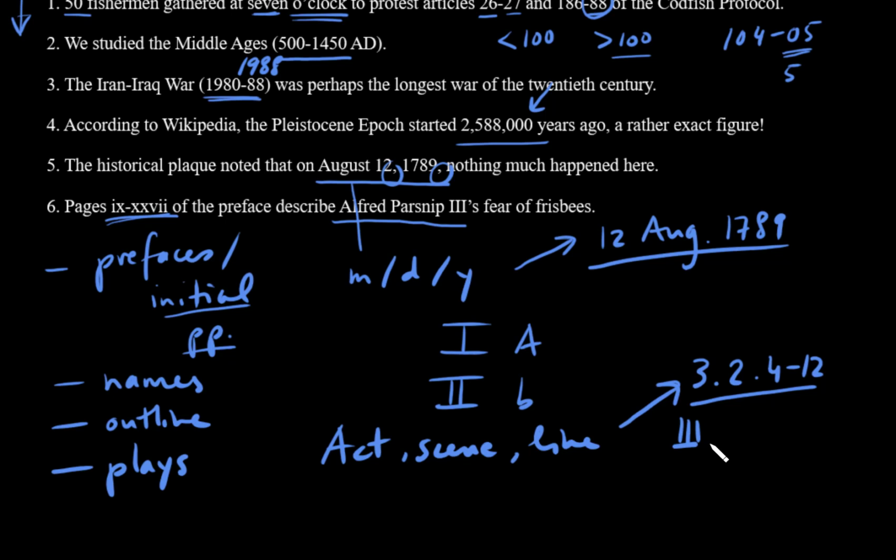So it used to be 3, 2, and then you would have, sometimes in lower form, 4 through 12. And you can see that's kind of cumbersome, so we don't do that anymore. But if you really want to be old-fashioned, I suppose you can do that.